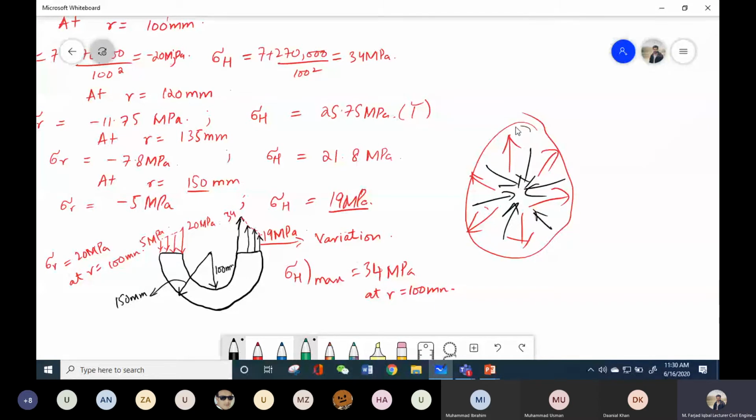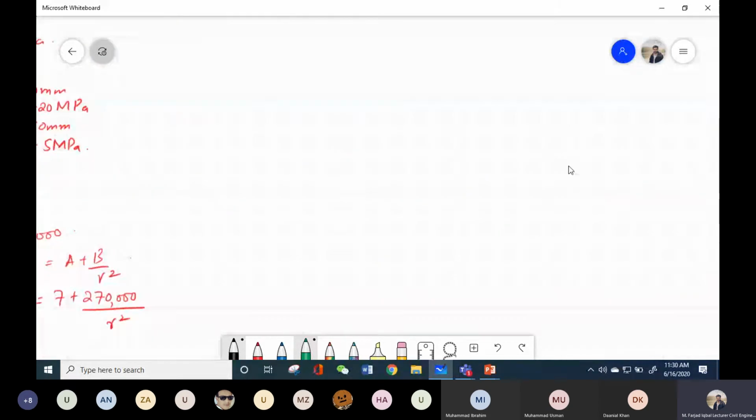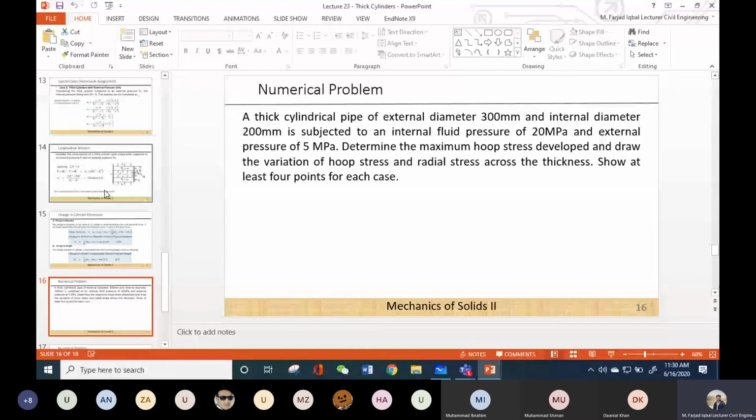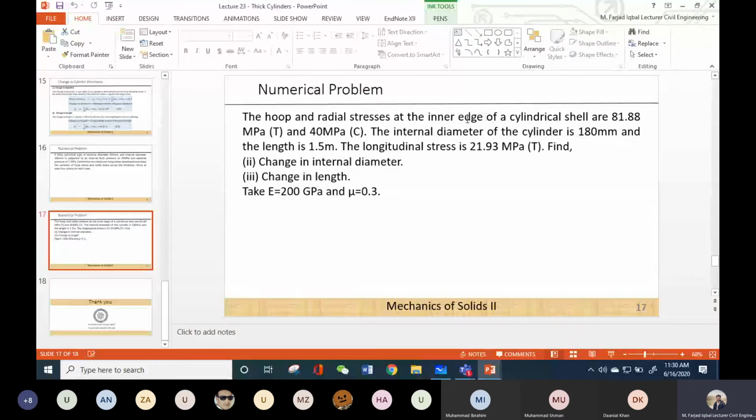So let us do another simple numerical. And hoop stresses are usually always tensile as well. In this question, we have been provided with the hoop and radial stresses at the inner edge of a cylindrical shell.